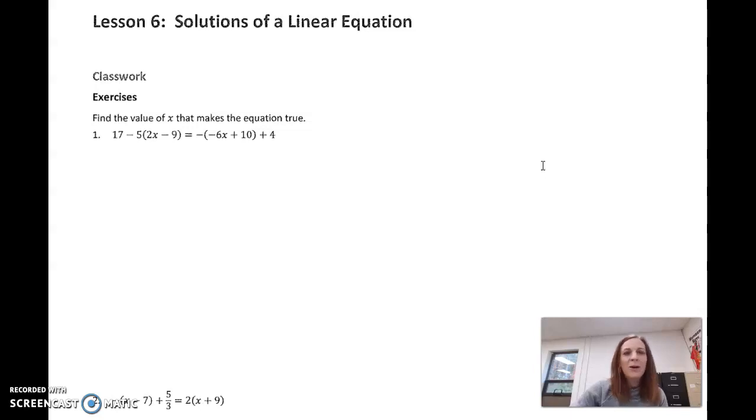If we talk about a linear equation, you see the word line right there, okay? If we were to graph a linear equation, which we will at some point, the graph is a straight line.